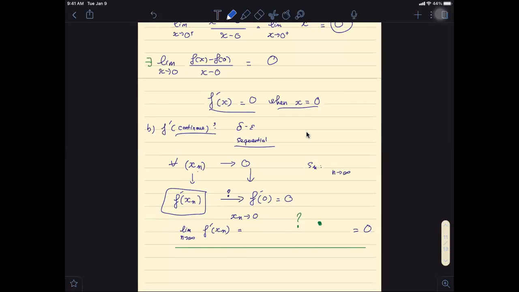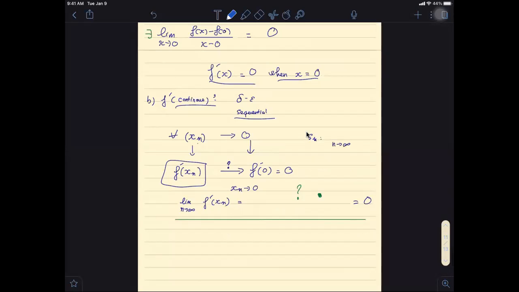So for f prime is continuous, let me share my screen. To prove continuity, you have two things: the delta epsilon definition and the sequential criterion. For the sequential criterion, for all x sub n going to 0, you want to prove f prime of x sub n goes to f prime of 0 as well, which is 0 in this case.